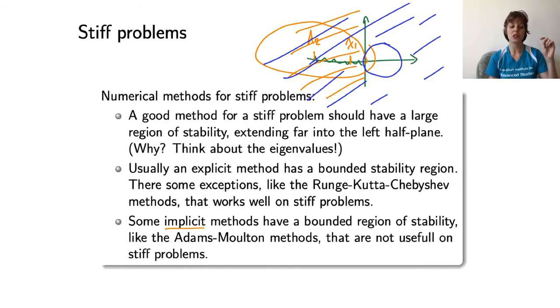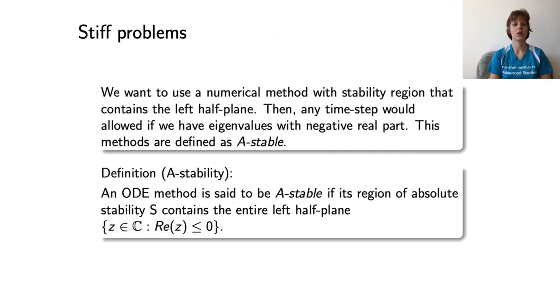So usually implicit methods are better to deal with stiff problems. So we want to use a numerical method with a stability region that contains the left half plane. Then any time step would be allowed if we have eigenvalues with negative real parts.